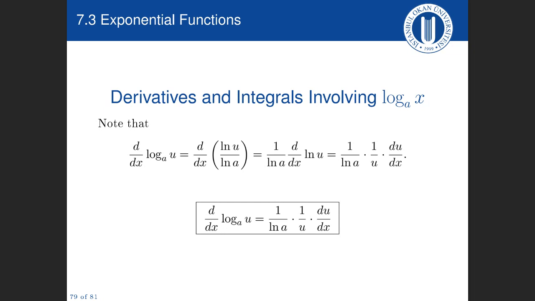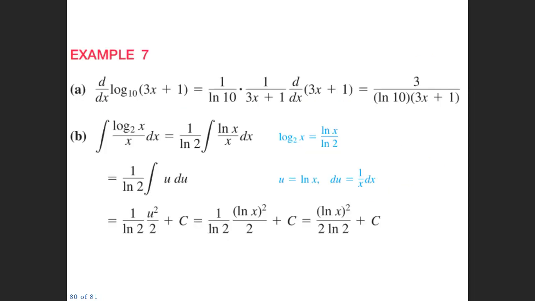And then one final slide is going to be using the formula in this box. This tells us how to differentiate log base a of u. For example, the derivative of log base 10 of 3x plus 1.